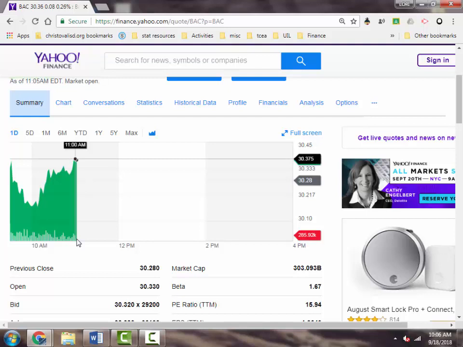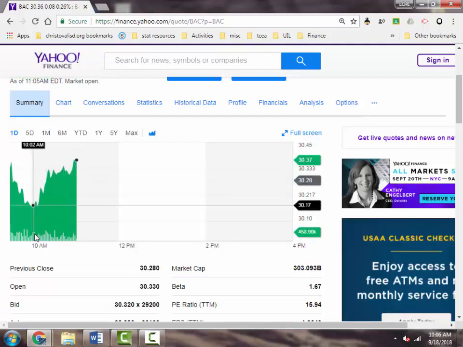That is the volume that's trading right now. As I move my cursor over that chart, it's an interactive chart, and it's going to show me the range that it's at. Right now, it looks like it's getting pretty close to the high. It just reached the high at 11 o'clock. At 11:02, we are just off the high.